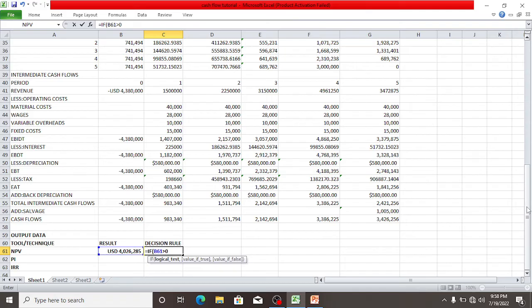Comma, then we accept. What does it imply?